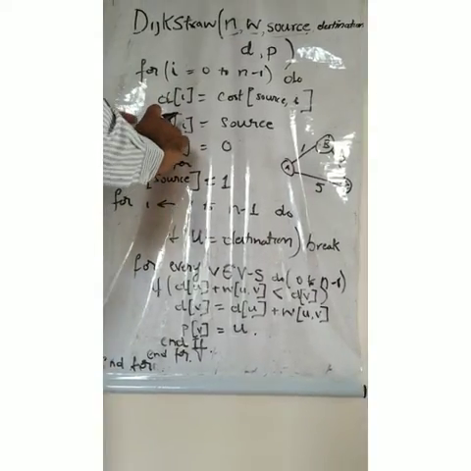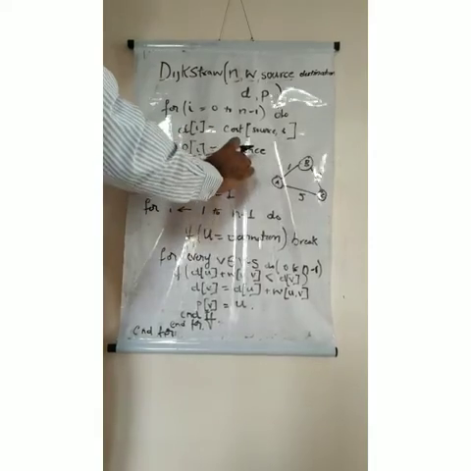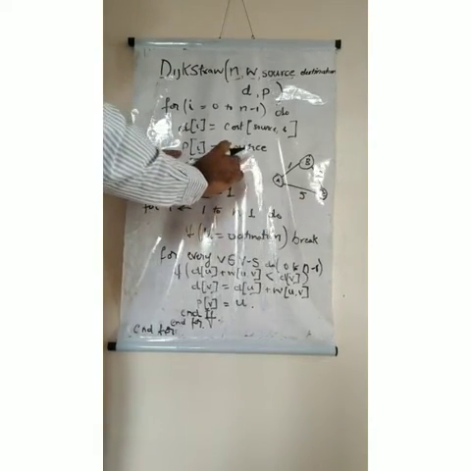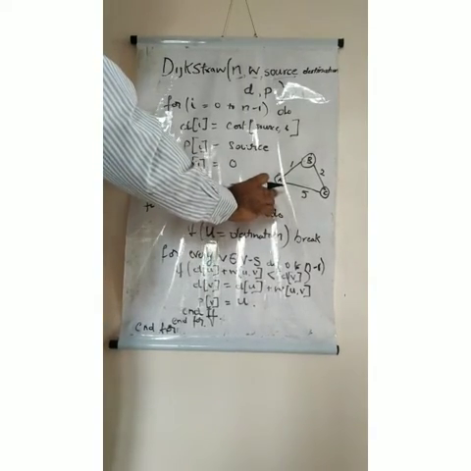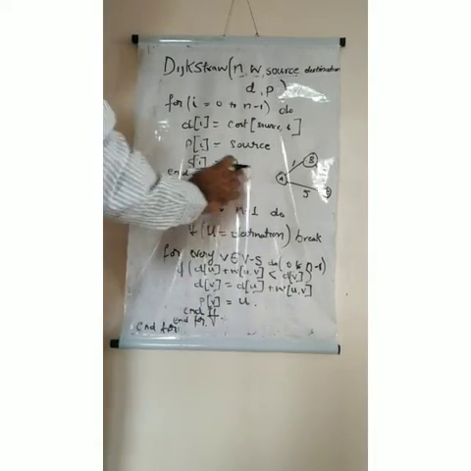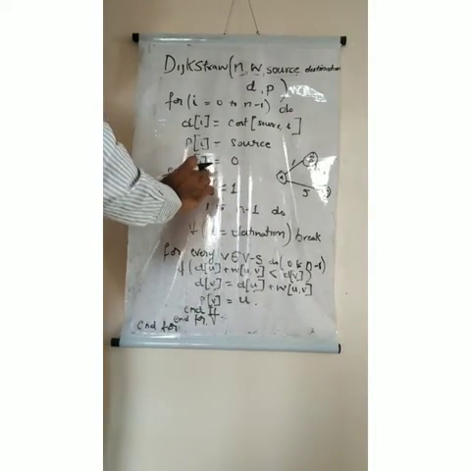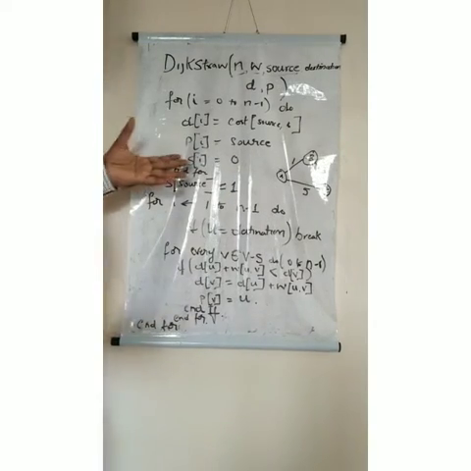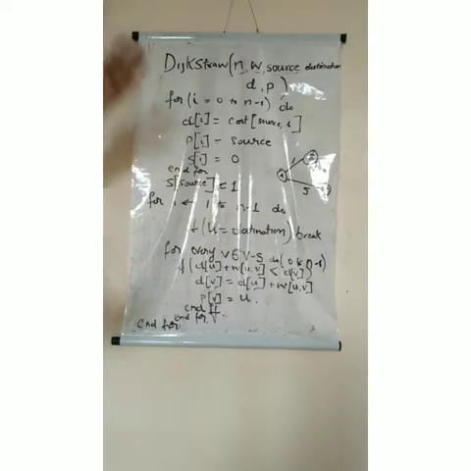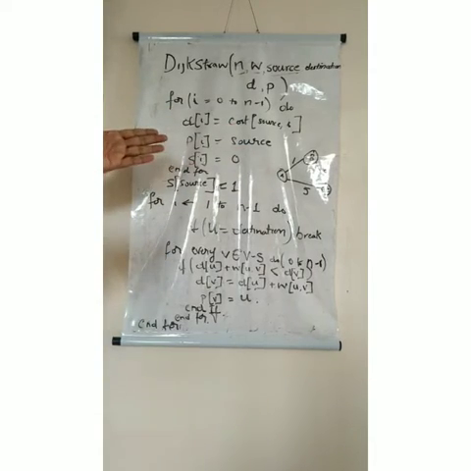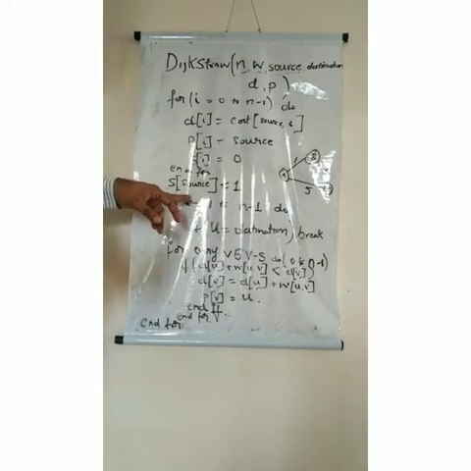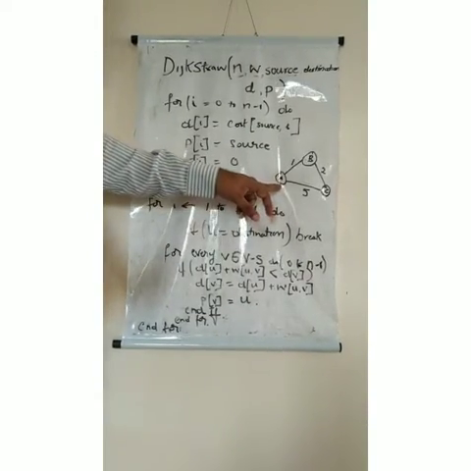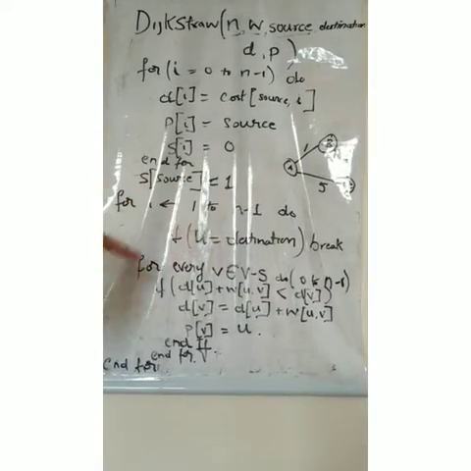Then the path is taken from the source, so initially for A itself is the path. Initially S of I is 0, which indicates whether we have visited or not. Since we have not visited any vertices, it is 0. Now we have visited the source, so make it 1. Once we visit, we make that 1.